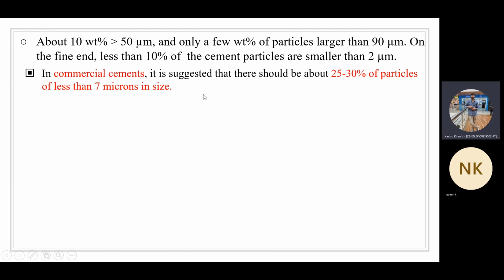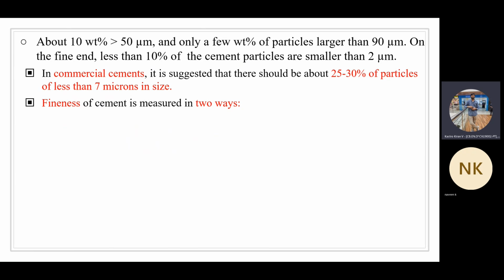Again, it's a limitation, 25 to 30% only. So what happens if you have more fine particles? More fine particles will give you better strength, but at the same time, they will give you shrinkage, which ultimately leads to cracks on the surface of the member and also in the deeper layers of the member.